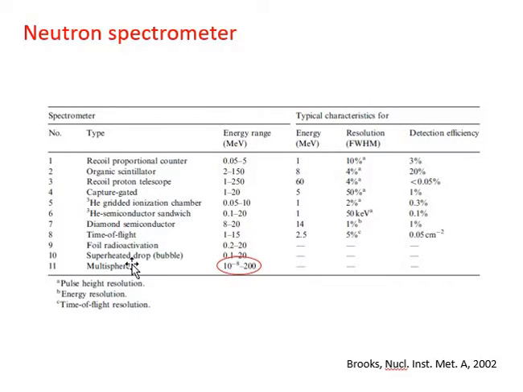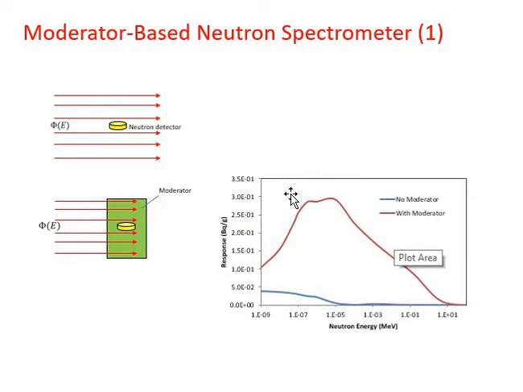Multisphere is a multi-moderator based neutron spectrometer type. If this is an open neutron detector in open condition, then when we expose it to neutron radiation, the detector response has the shape of this blue curve.